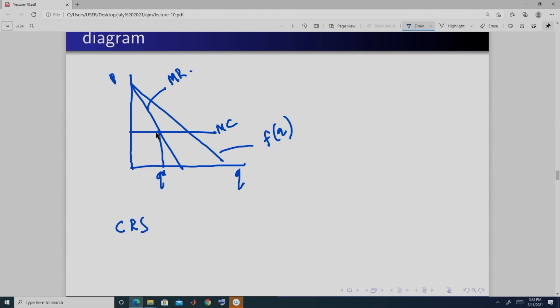At this output, why is this a profit maximum? Because suppose instead of this, the monopolist produces this much output. At this much output, its marginal cost is this, and marginal revenue is this height. If it slightly increases output, then this much is the additional cost, and this is the additional revenue it is going to get.